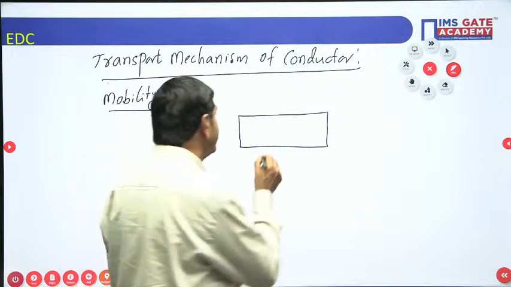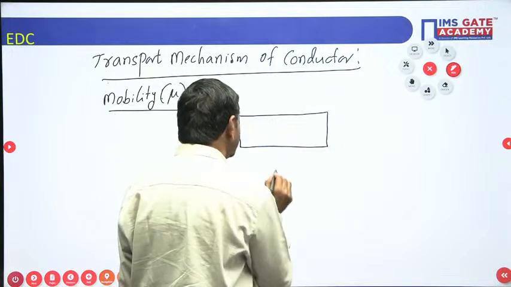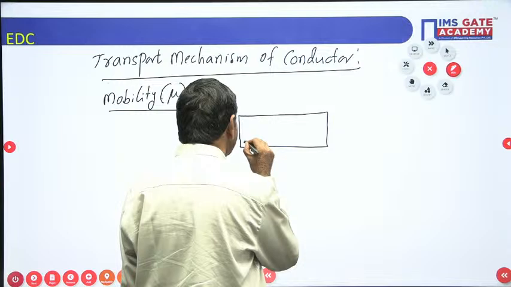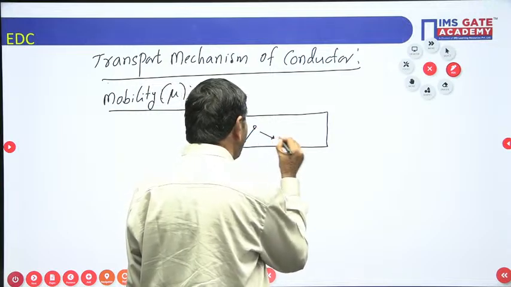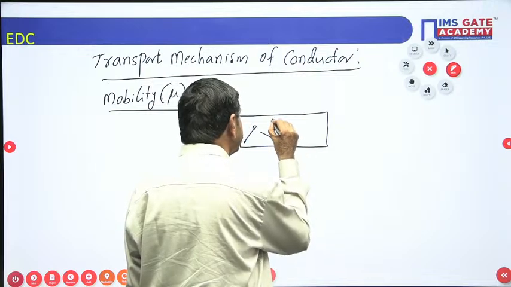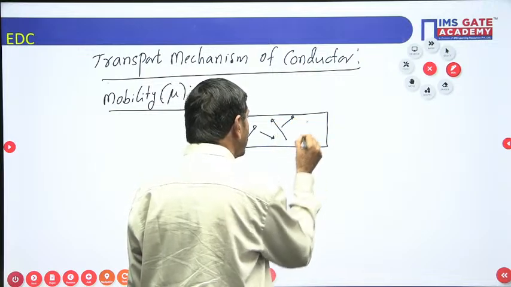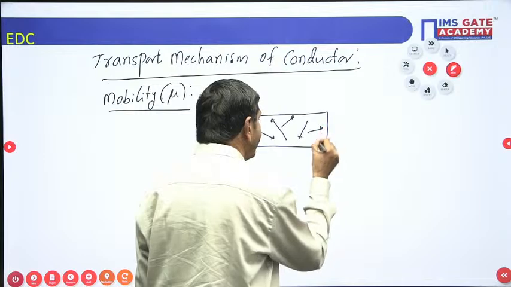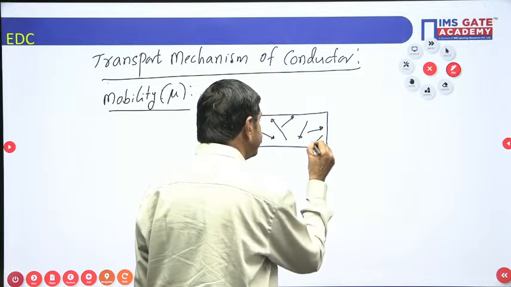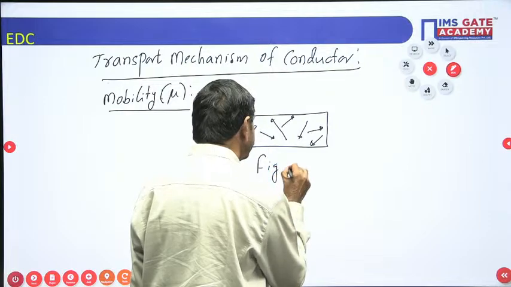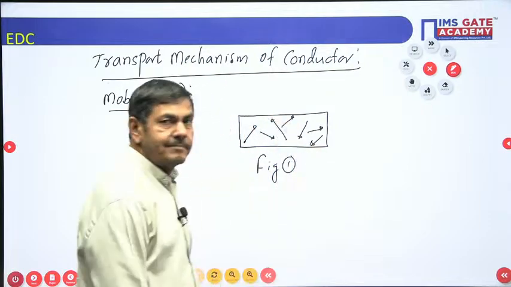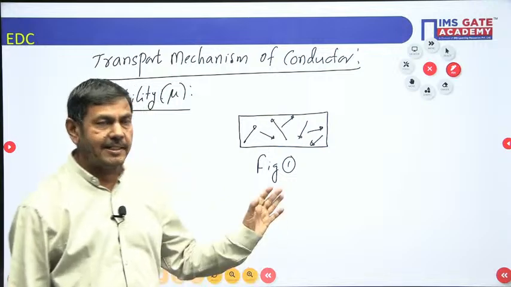When the supply is not connected, their motion will be in different paths. They may go in any direction, with no regular path. This is figure 1, taken without connecting any supply.